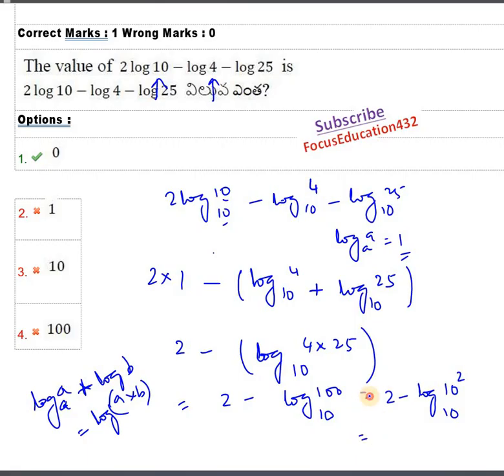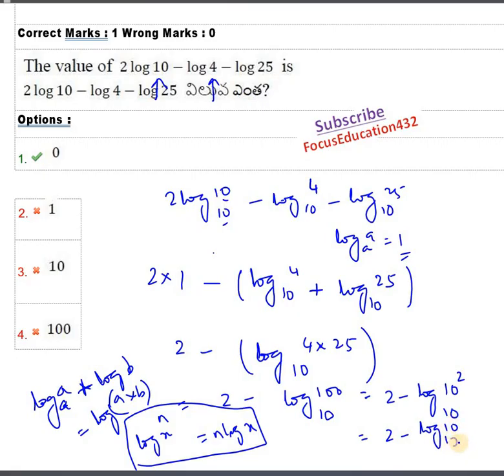So this is nothing but, we have another formula. What is the formula? Log x power n can be written as n log x. This formula we will use now. So log 10 square becomes 2 log 10. So 2 minus 2 log base 10 of 10, right?